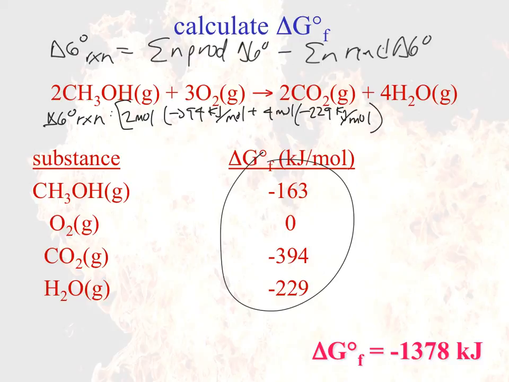And when you're looking at the charts and the tables, make sure that you're paying attention to the state that the component is in. You don't want to plug in the incorrect values because you're plugging in liquid values instead of gaseous values.